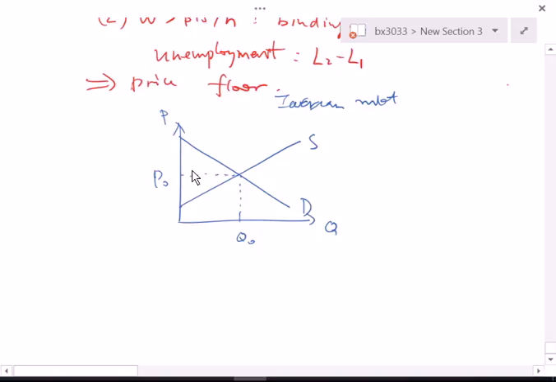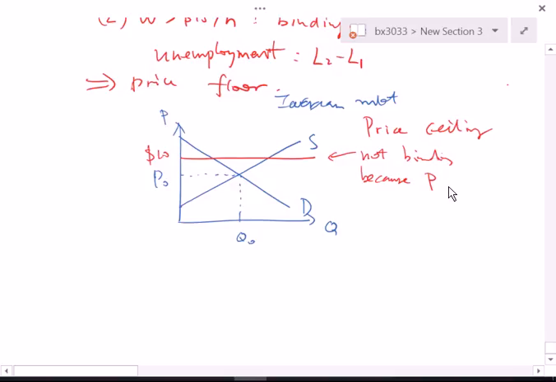Suppose that I'm the government, I say that the price of ice cream cannot be higher than this level, say $10 per ice cream. And now this is not binding, because the equilibrium price is already less than $10 per ice cream.